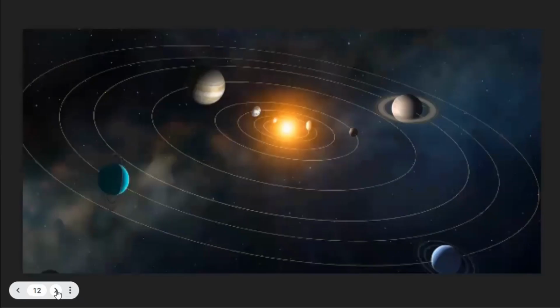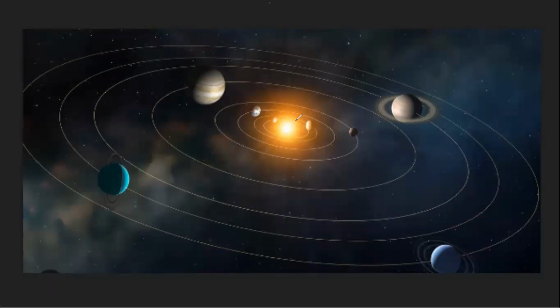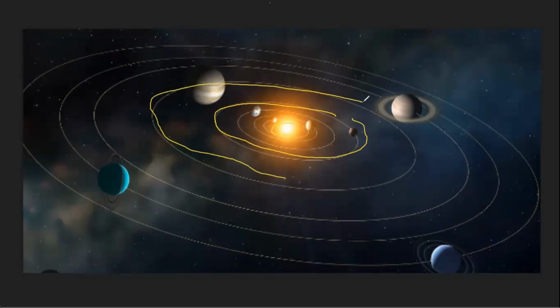We can compare an atom to some extent with our solar system. You can see right in the middle of the solar system, there is a sun. So right in the middle of an atom is the nucleus. Around the sun, there are imaginary circular paths. They do not exist. They are called orbits or shells.